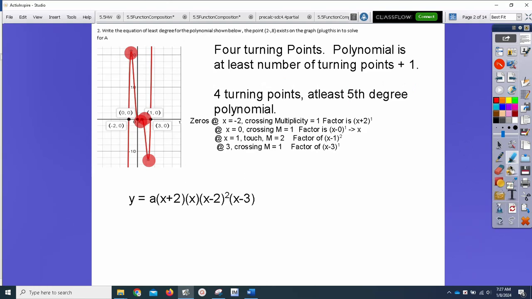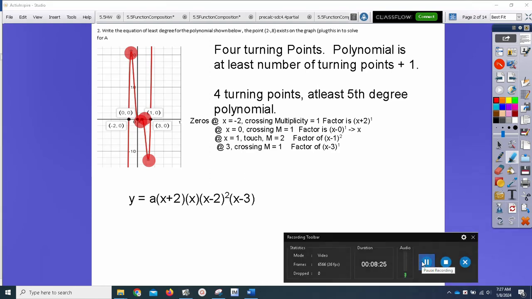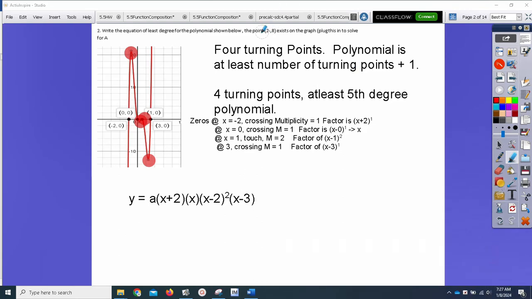All right. Now I'm supposed to figure out A. You see up top where it says that the point 2, -8 exists on the graph.